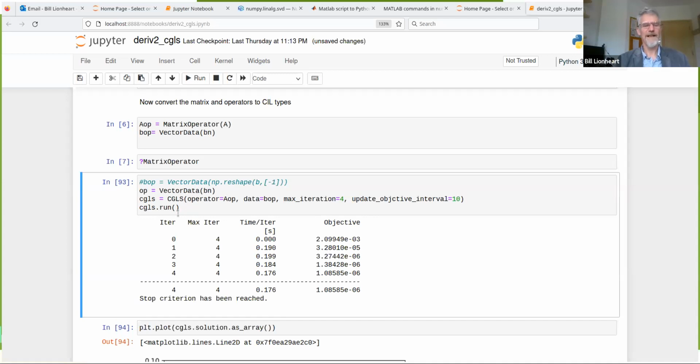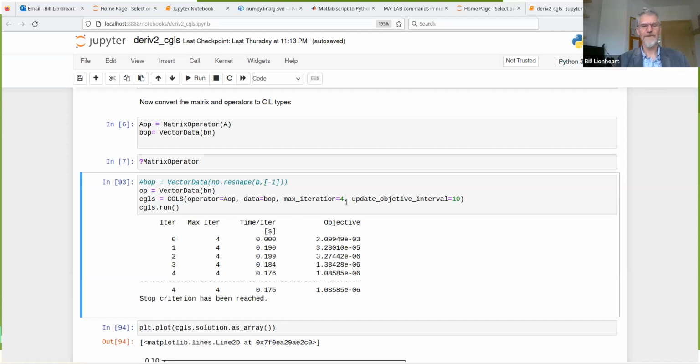It's gone up. Okay, so the call CGLS, conjugate gradient least squares. This actually does solve the least squares problem, but of course with an ill-posed operator, you'd expect that it would go a bit wrong because it would try and overfit. But in this case, I've only asked it to do 4 iterations.